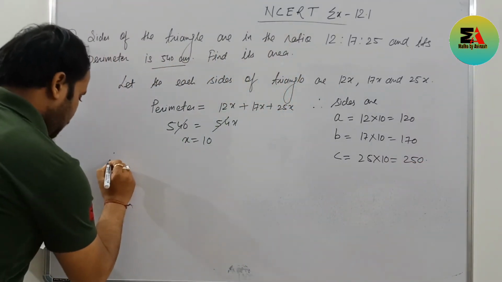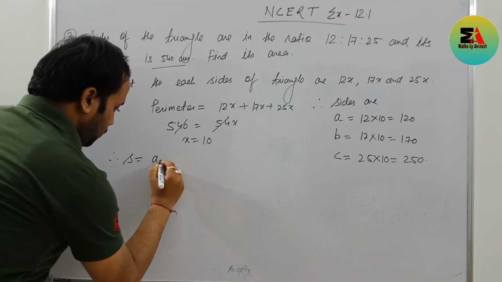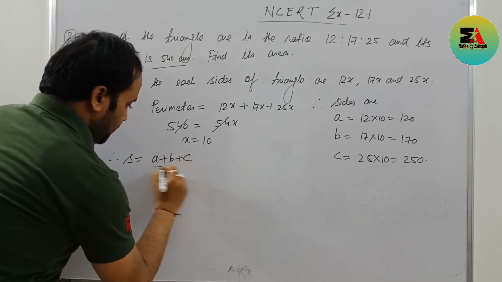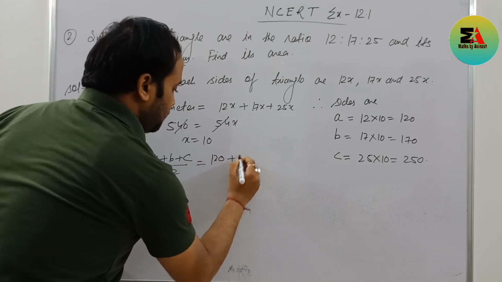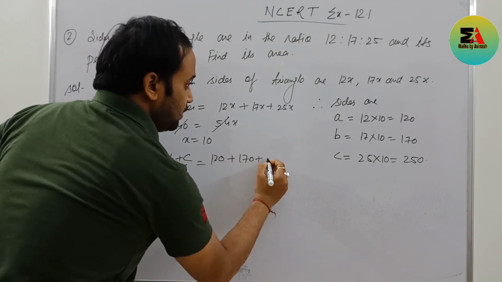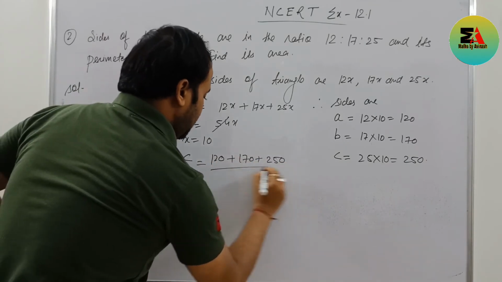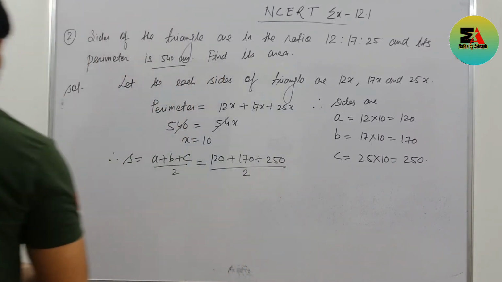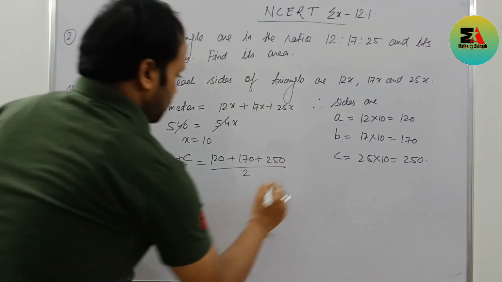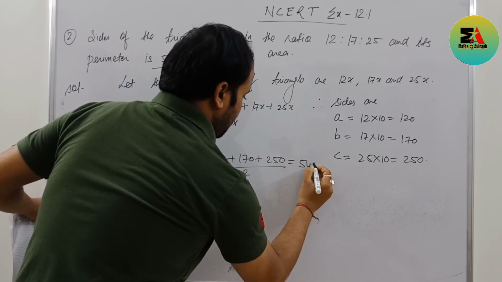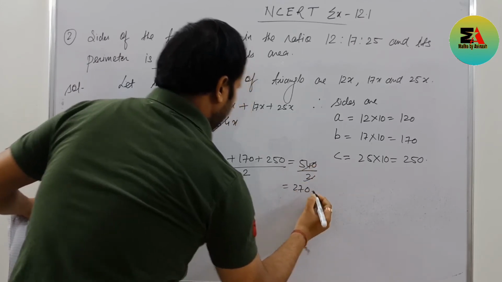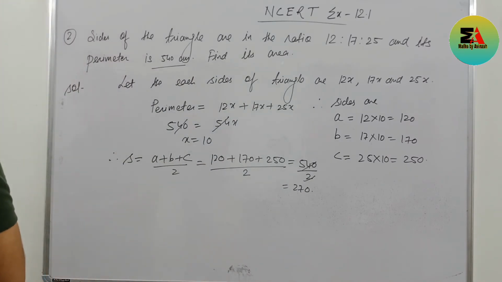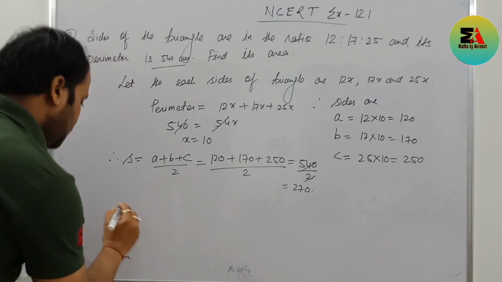Now small s is known as the semi-perimeter, a plus b plus c by 2. a is 120, b is 170, c is 250, by 2. This becomes 540 by 2, 270. Then we know the area of the triangle.